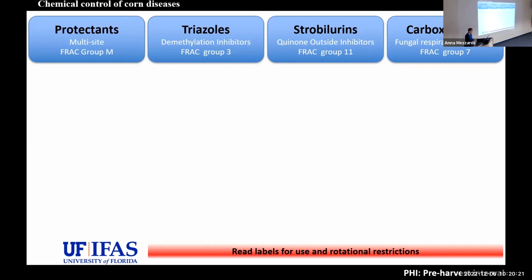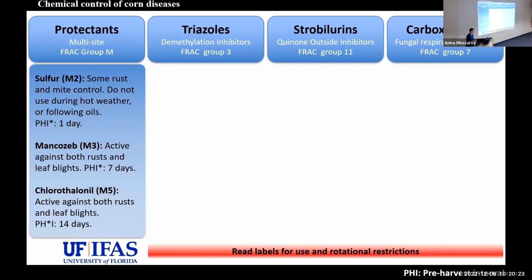For protectant fungicides, he recommends sulfur, mancozeb, and chlorothalonil. You just have to pay attention and read the label because they have different pre-harvest intervals. By reading the label, you can be sure that you spray at a time that is not going to leave any residual when you harvest that corn.